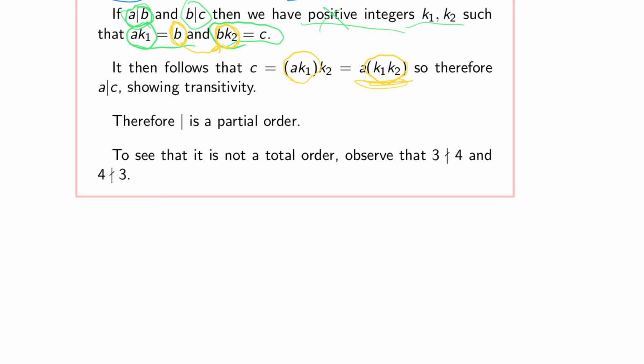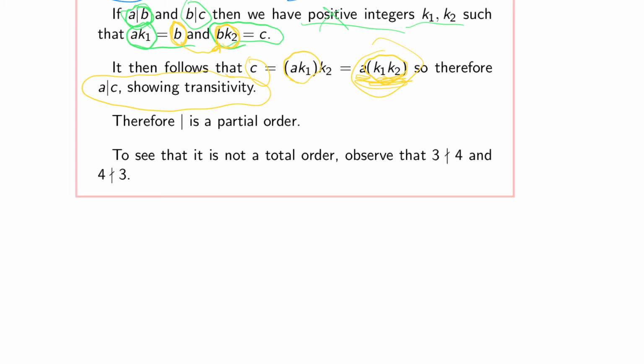But in any case, this very picture of C equal to A times some integer is the very picture of A dividing C. And since A divides C, that shows transitivity.